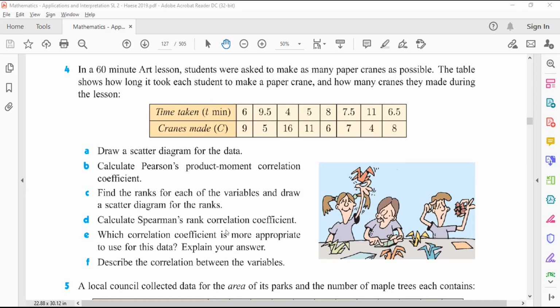I'll do it on the screen. 1, 2, 3, 6, 7. Now calculate the correlation coefficient.